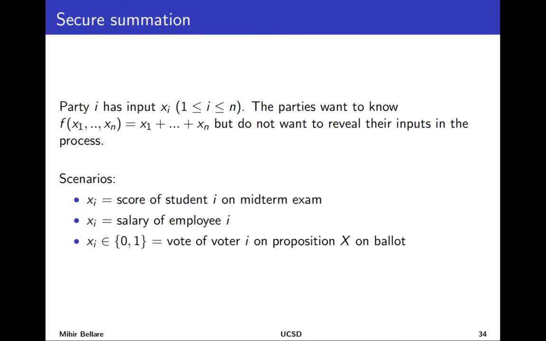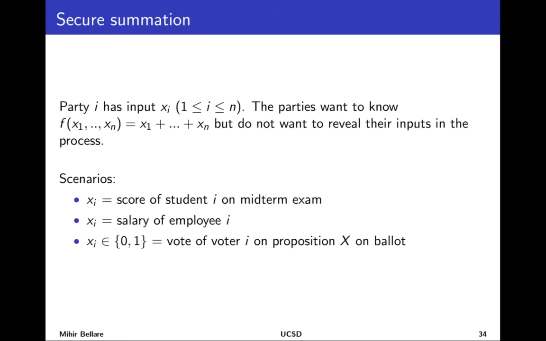How do I compute the sum of the scores of all students without revealing individual scores? You might have some employees in a company who are curious to know whether their own salary is larger than the average in their group. But people don't like to announce what their salary is. So that's another instance of the problem. The function would allow them to get the sum, but without revealing individual salaries.